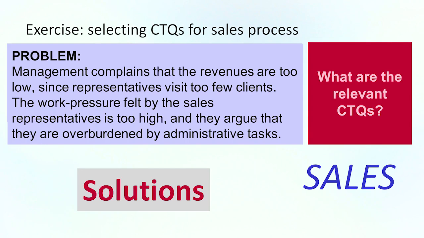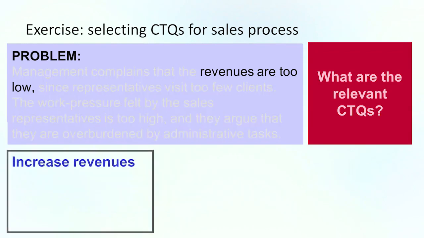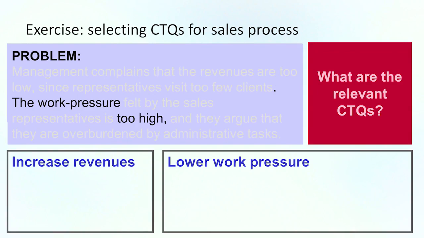Are you ready for the solutions? Well, the process is that sales representatives are hired to visit customers and investigate their needs and write an offer. And they also follow up on questions from existing customers. The project had two objectives. One, to increase the revenues, and two, to lower the work pressure. But how would you quantify revenue and work pressure?